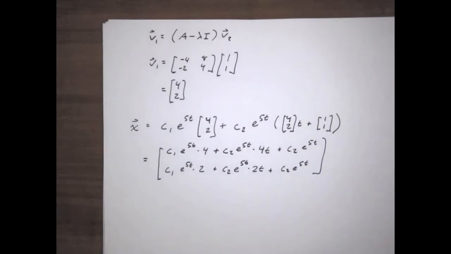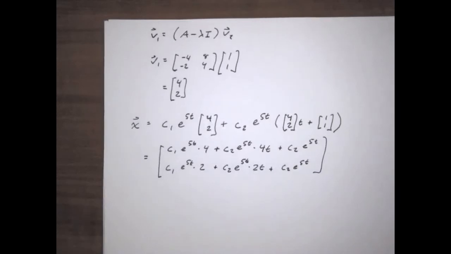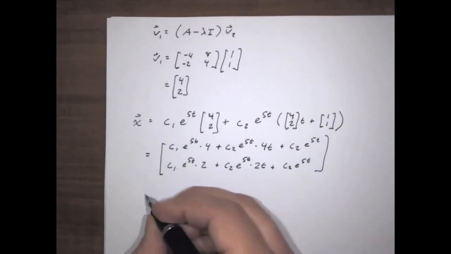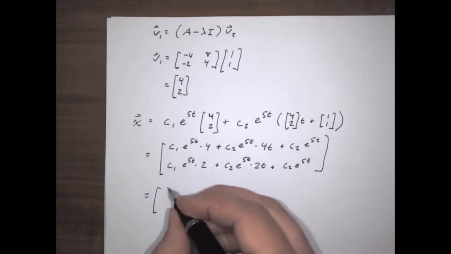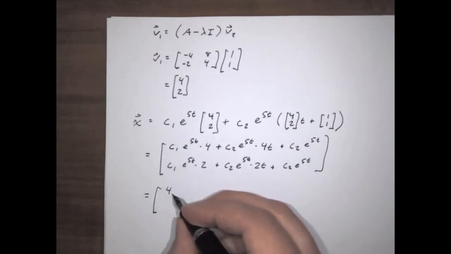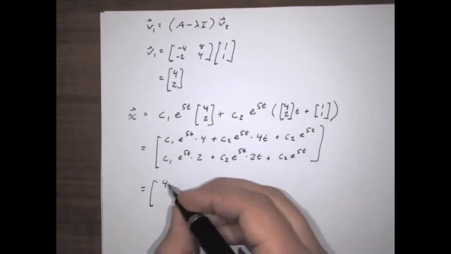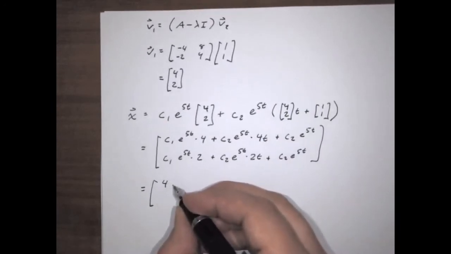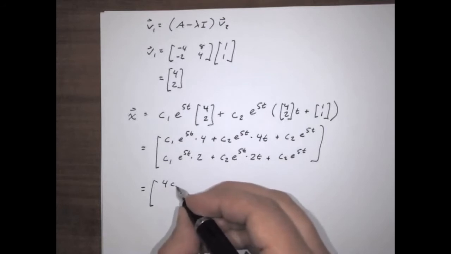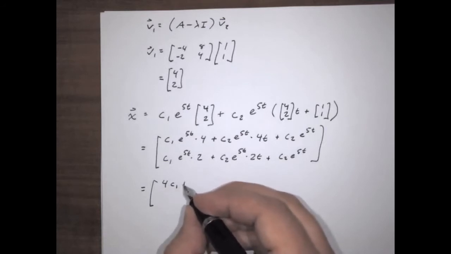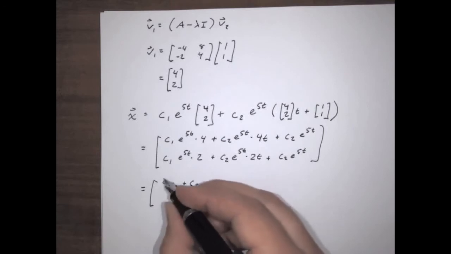And the important thing about this, as far as noting how these things relate to each other, is that the exponential parts of this are all the same. So it's going to be 4 C1 plus C2 e to the 5t.